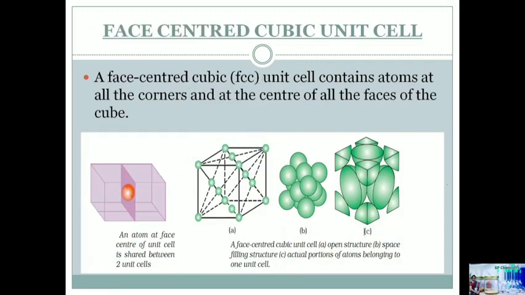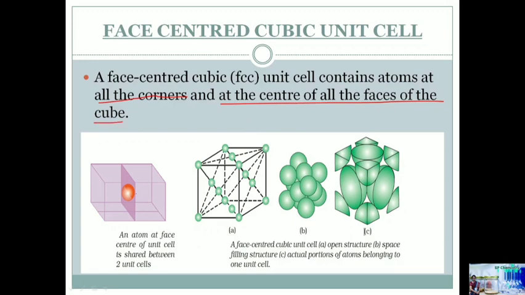Let us come to the face centered cubic unit cell. From its name you can say this unit cell contains atoms at all the corners and at the center of all faces of the cube.